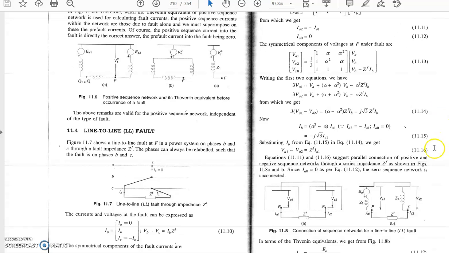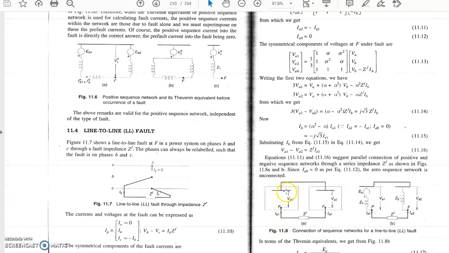These equations suggest that the positive and negative sequence components are connected in parallel and the zero sequence component is disconnected. If we draw, we can connect the positive and negative sequence components in this fashion.